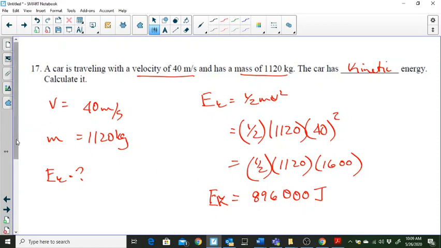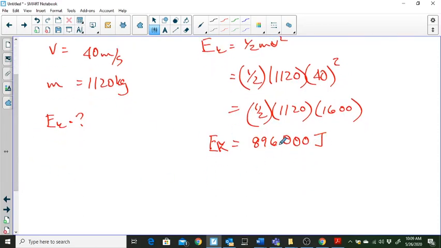That's our kinetic energy. We could take 3 zeros off of this, and we could say that's 896 kilojoules, because kilojoules are thousands of joules, and so it just makes our numbers easier to see and work with. All right, either of these are perfectly correct.